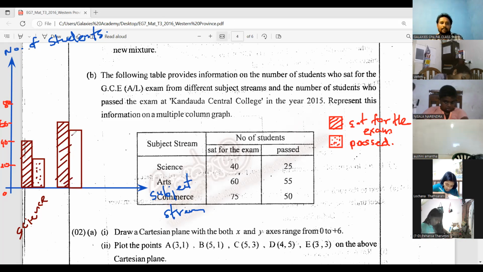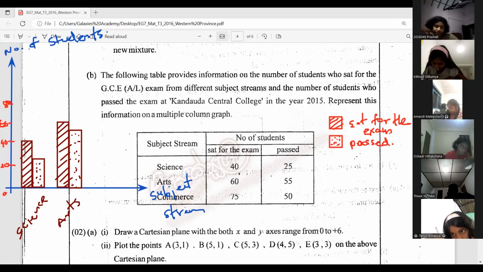You draw clearly, then this one I will put dots. Then this one is, the name is arts. Right.